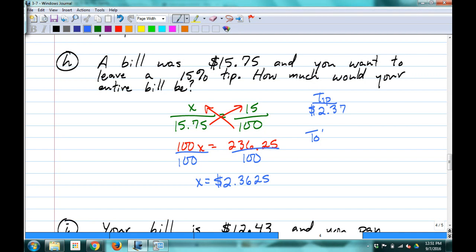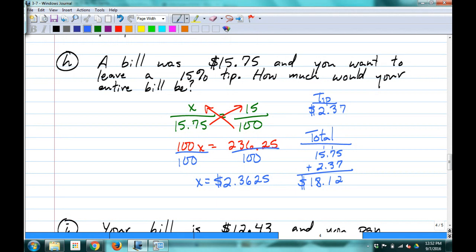What's our total? It'd be $15.75 plus $2.37. That's $18.12.